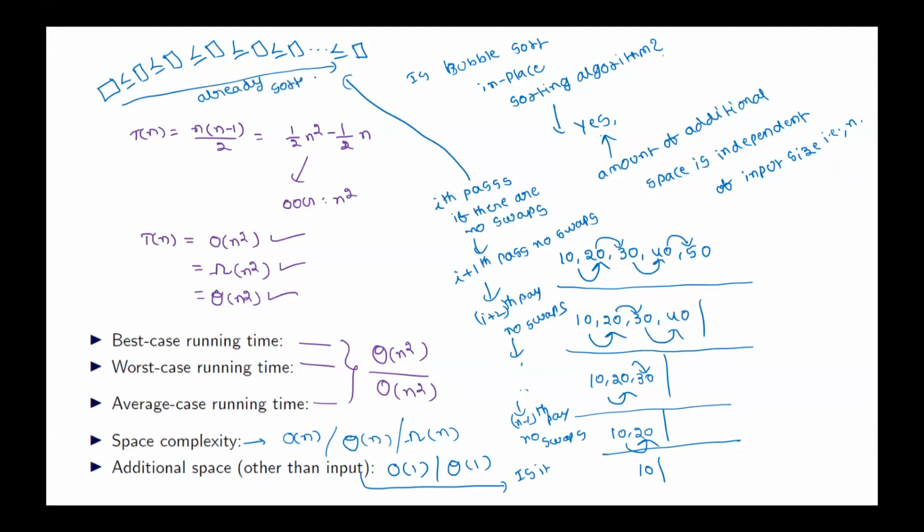If the elements are already in sorted order, is it worth going for the next pass? We don't get any advantage by doing that. We can stop right there in a particular pass.